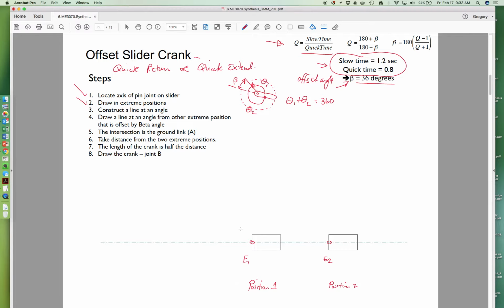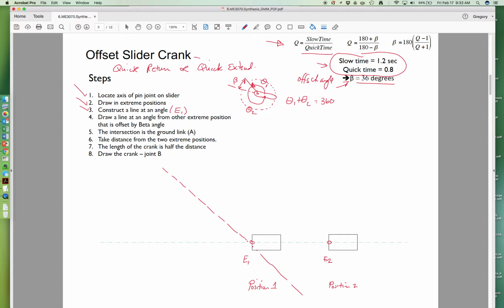Now the next thing that we do is we draw a construction line. I've got the dashed line here. This is the line that connects E1 to E2. But we're going to draw a construction line at some arbitrary angle. So this is just a construction line. This red line is a construction line at some arbitrary angle. Okay, so we've done that, and we can say this is through E1.